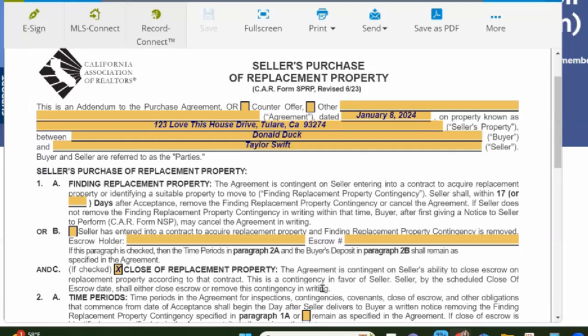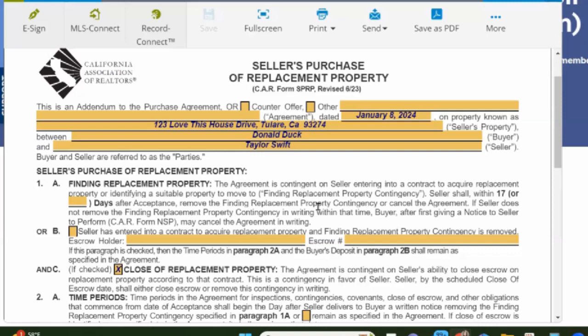When we're using a form like this, it's a domino: this has to happen, and then this has to happen, and then this has to happen. So we're going to do our inspections, right? As a buyer, we're going to pay for the inspector, we're going to pay for the appraisal and all of that.